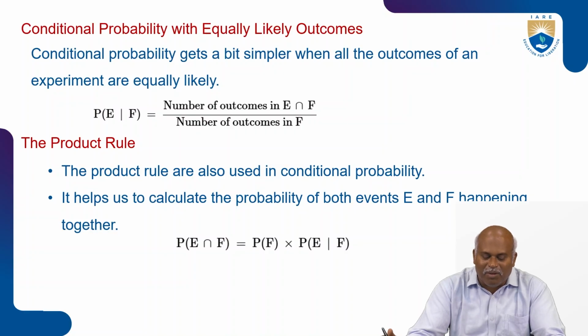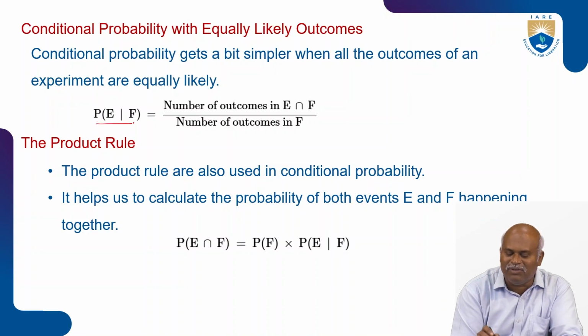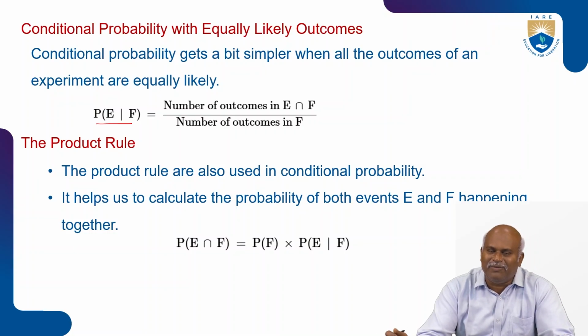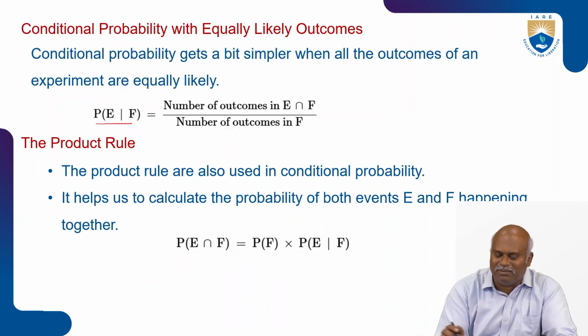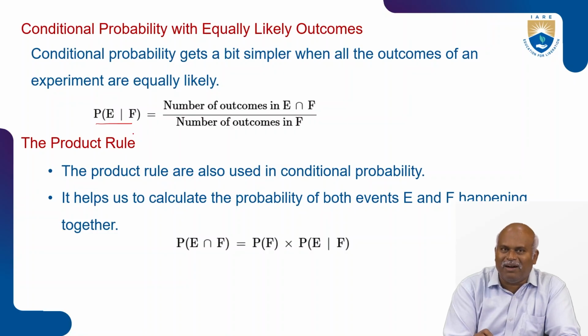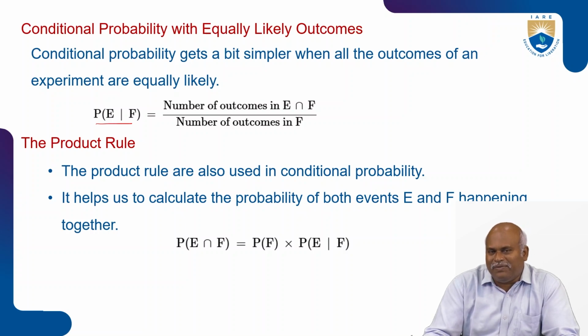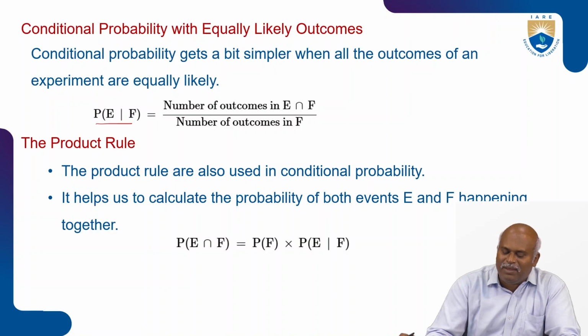I represent it as P of E given F, equal to the number of outcomes in both the event and the outcome space divided by the number of outcomes in F.